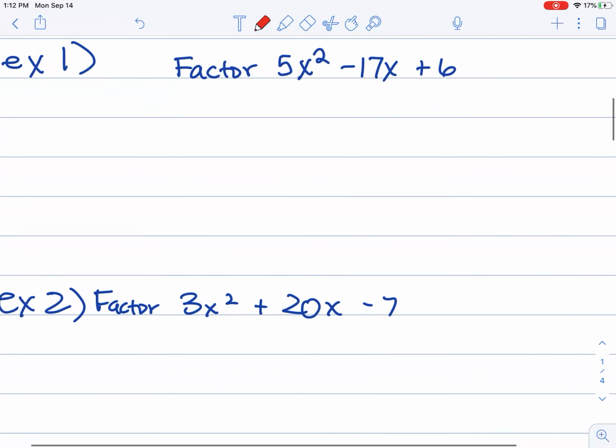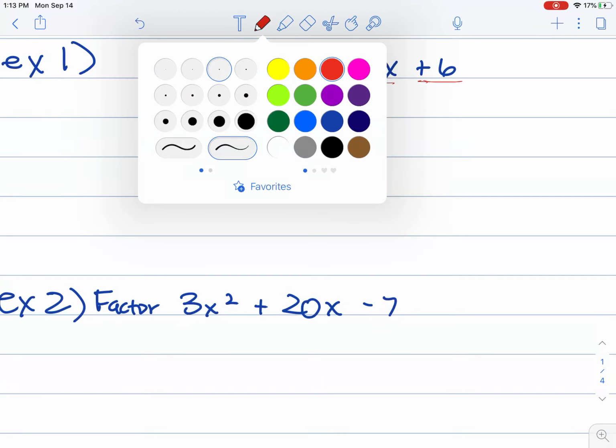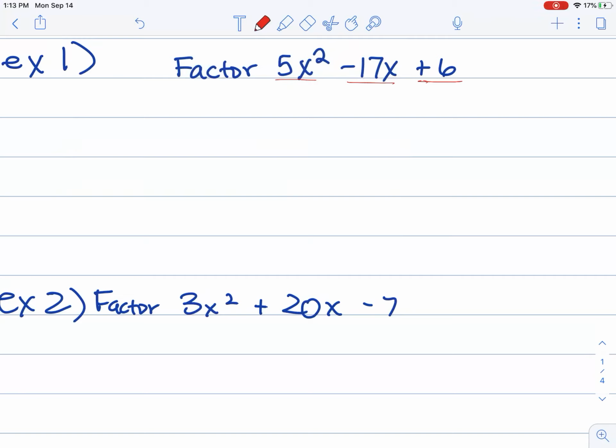Okay, so looking at that now, if I were to factor this trinomial here, 5x squared minus 17x plus 7, we're going to need to look at our graphic organizer. The very first thing we look at is, do we have a GCF? We don't have a GCF here. They don't have anything in common. So then we look at our number of terms to decide how we're going to factor this.